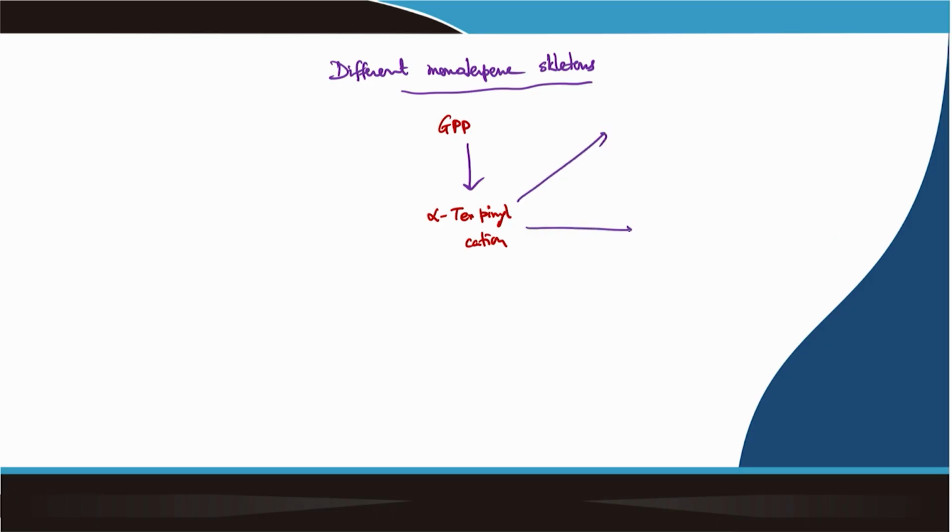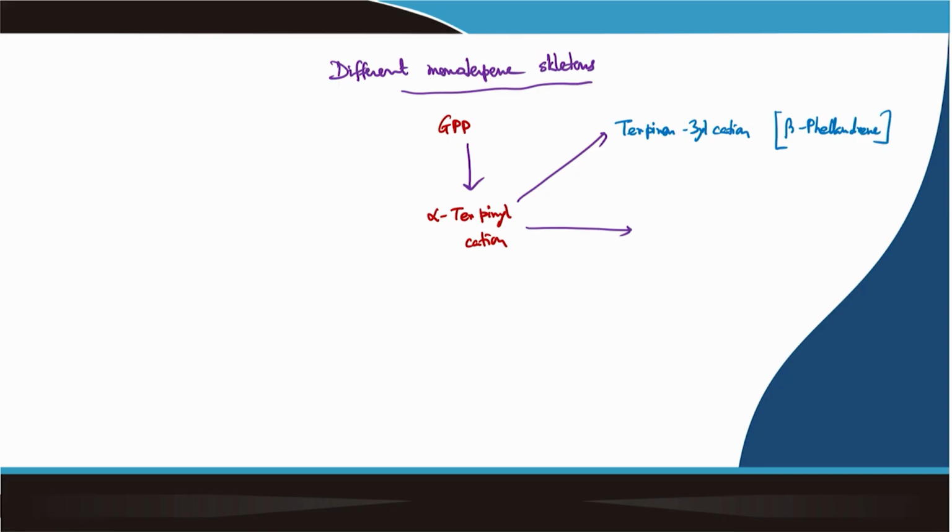For example, I will not draw all the skeleton structures because otherwise it will take time, but I can give references later. So, one is terpinen-3-yl cation, and the example of this product is beta phellandrene.